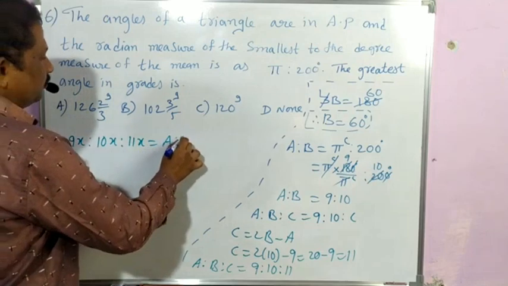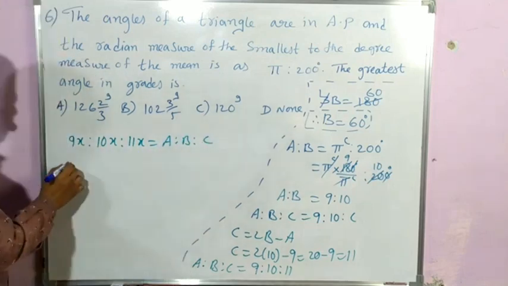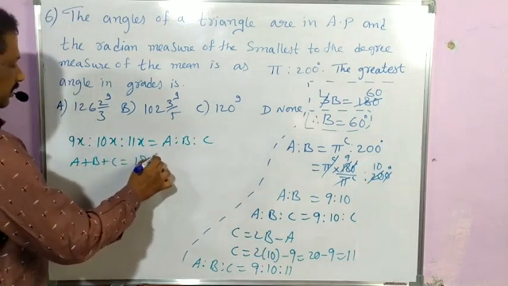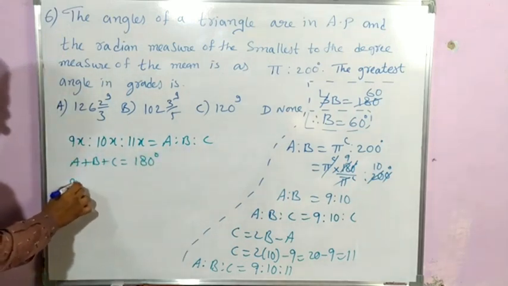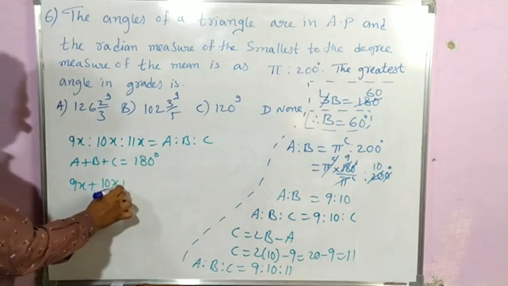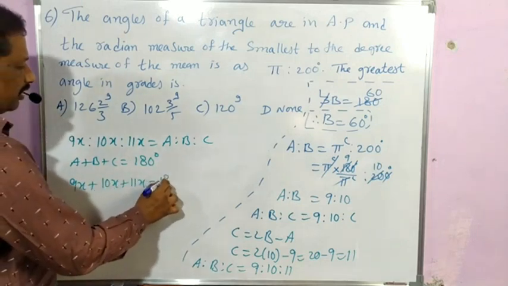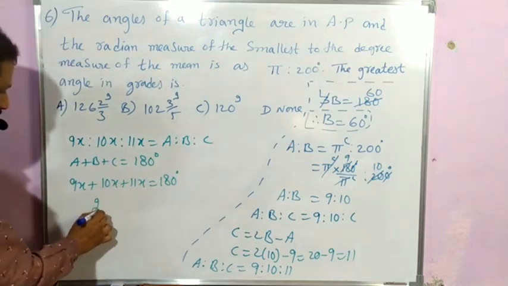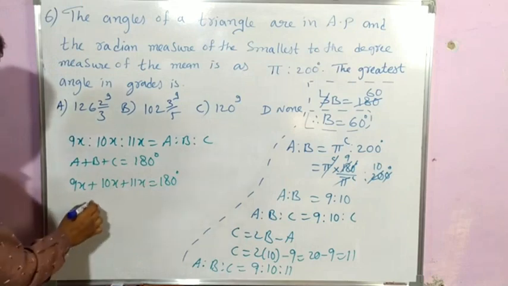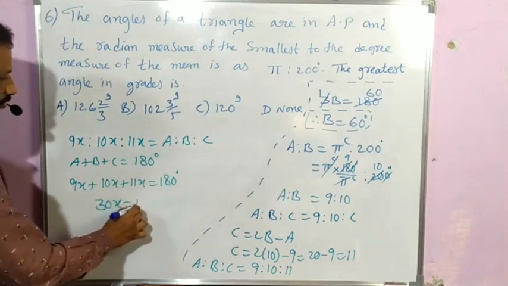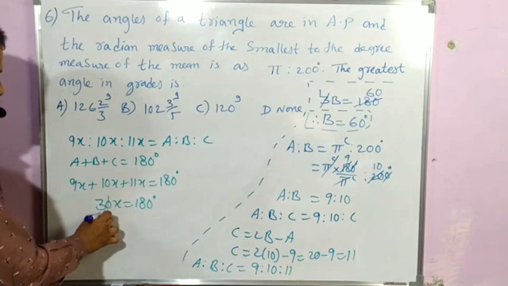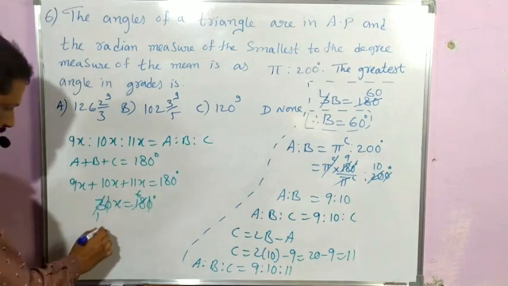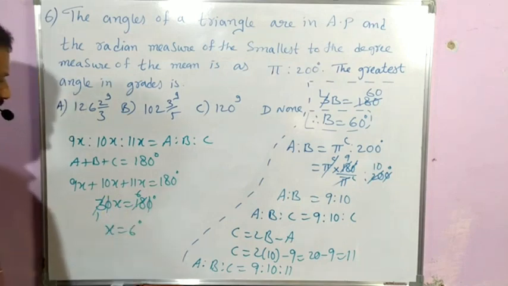It is nothing but A is to B is to C. Sum of the angles: A plus B plus C is equal to 180 degrees. So 9x plus 10x plus 11x is equal to 180 degrees. Add all those things. What you get is 30x is equal to 180. So x is equal to 6 degrees.